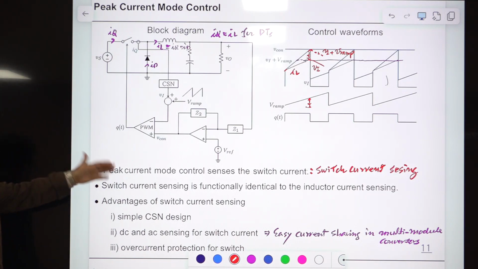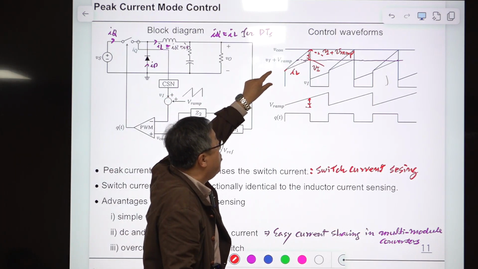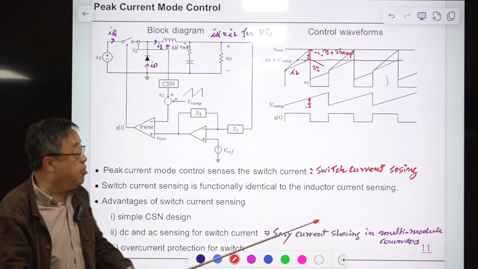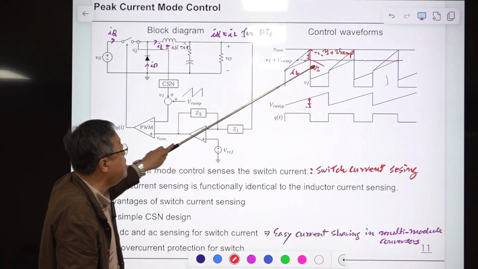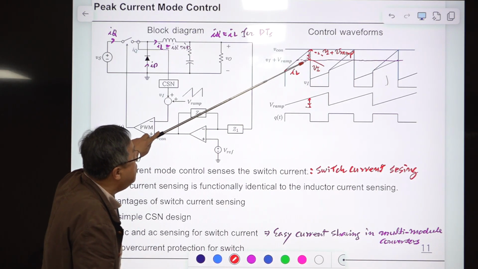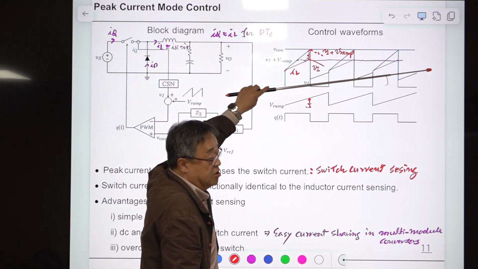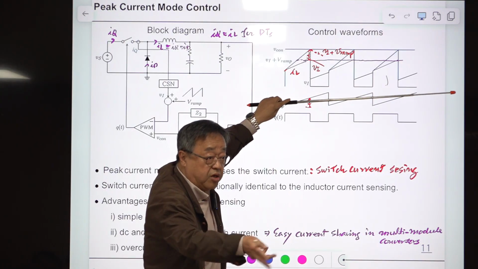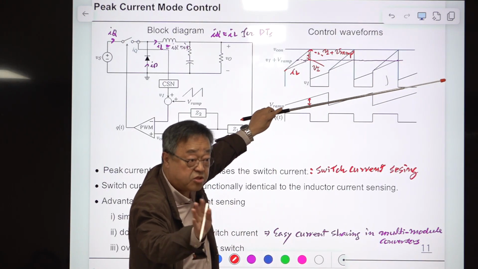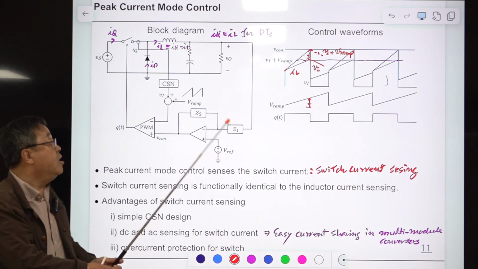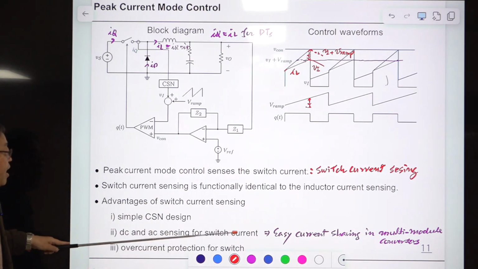I'm talking about the bias point. You know the variation of the inductor current, but you don't know its average value. But in switch current sensing, you know the inductor current during the on-time period and the average value of the switch current. If you multiply or divide by the duty ratio, then you know the average current.